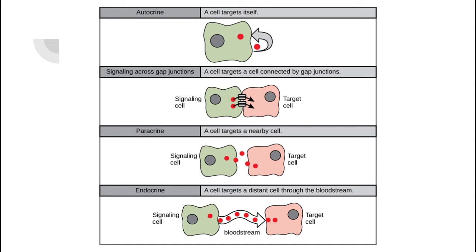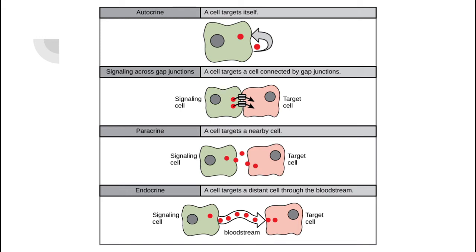And then we have signaling across gap junctions, and we'll talk about this more later, but this is where the cell targets a cell and they're connected by gap junctions, and this is going to help allow the message to be relayed pretty efficiently.